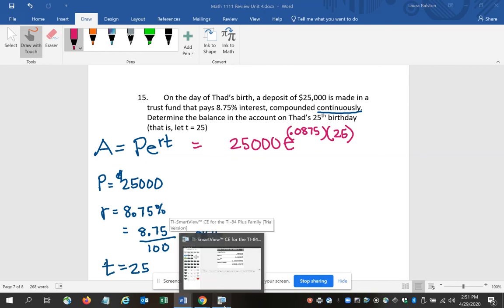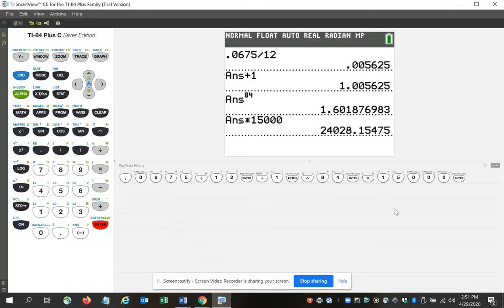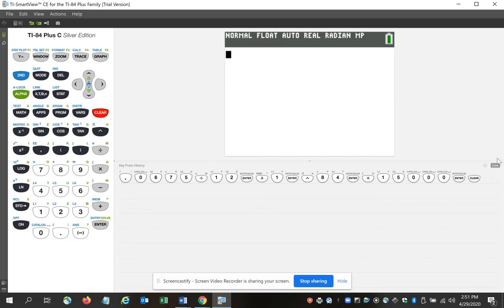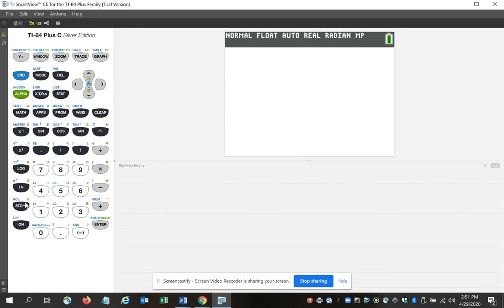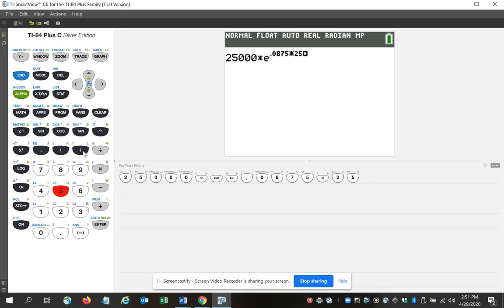I'm not going to do those calculations by hand. Let me clear it off again so you'll only have those numbers on the screen. So we type it in just like we see it. 25,000 times e, second ln, the e pops up, 0.0875 times the 25 years. All of that's in the exponent.